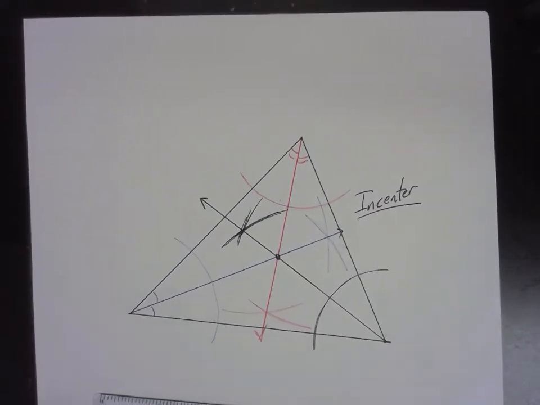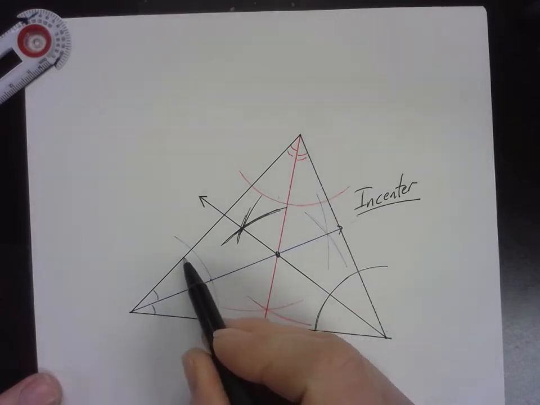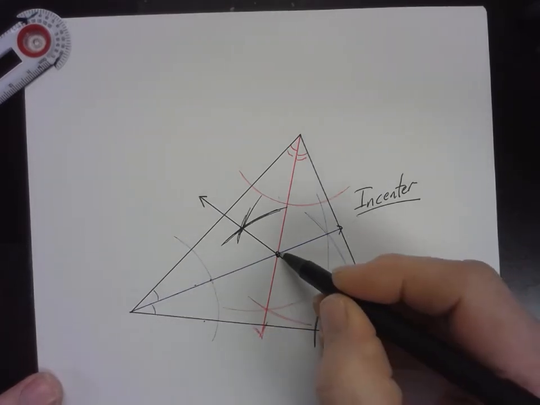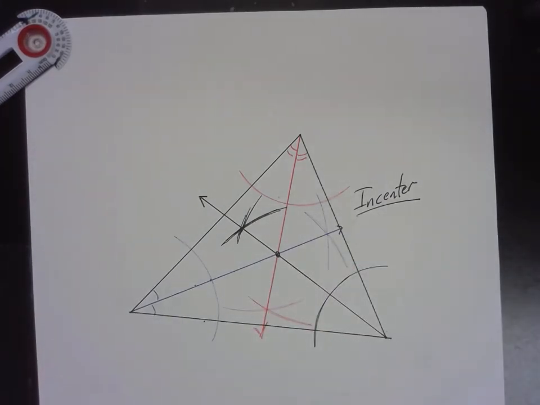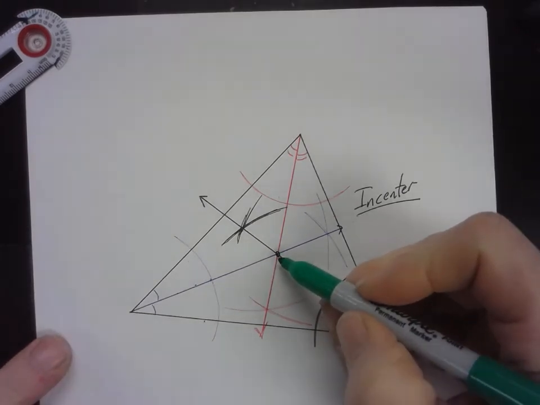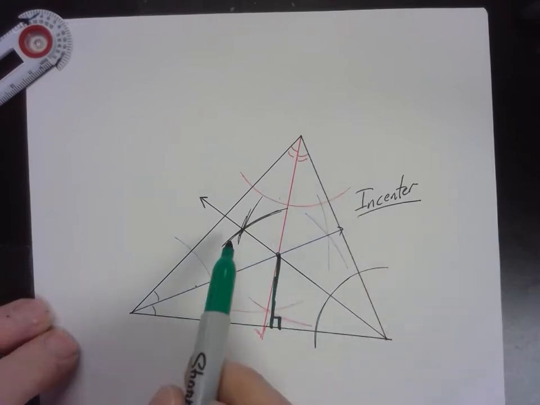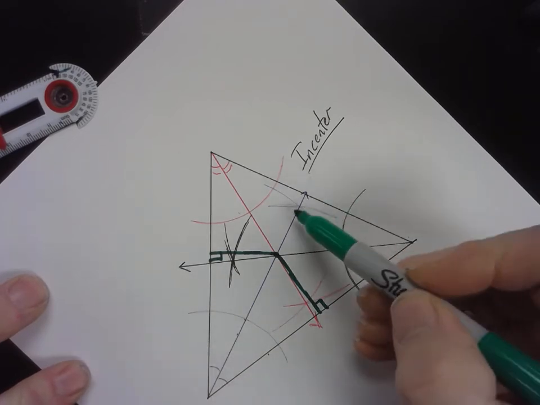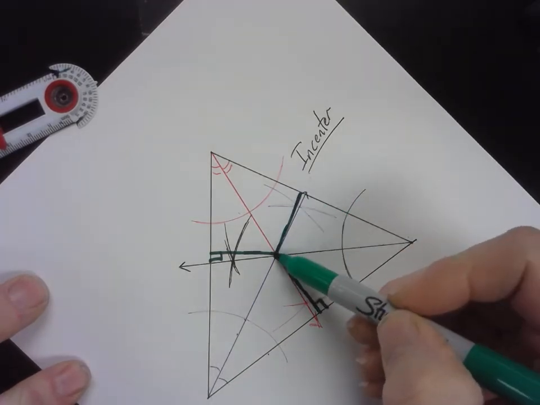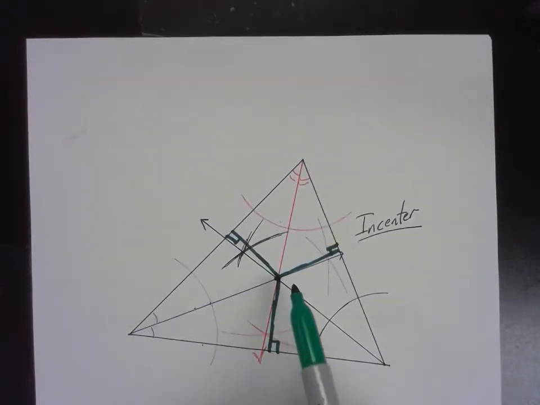Now remember, any point on the angle bisector is equidistant from the sides of the angle, isn't it? So this point, if we're talking about the blue line, switch to green here. If I were to measure straight over here at a right angle and straight over here at a right angle and straight over here at a right angle, that point is equidistant from all three sides of the triangle.